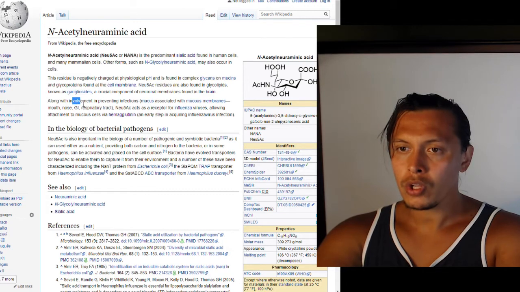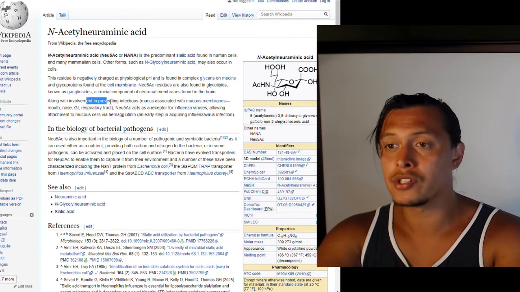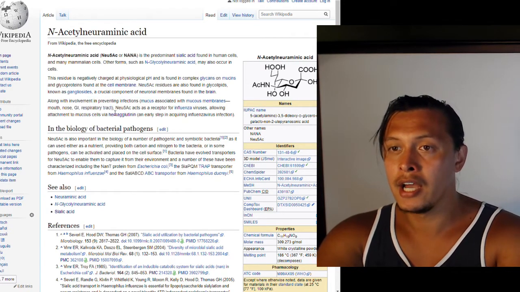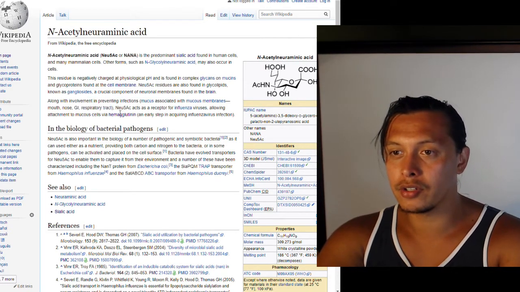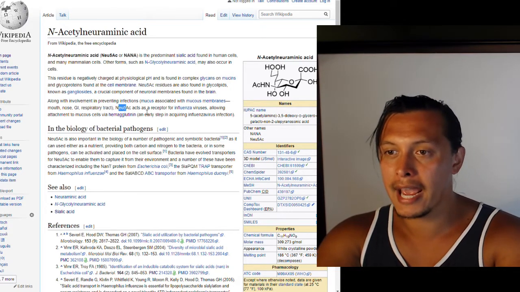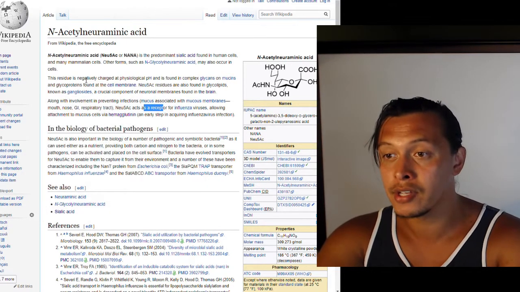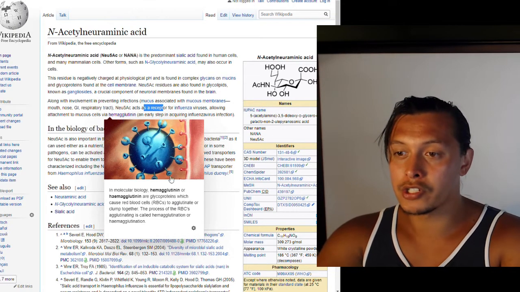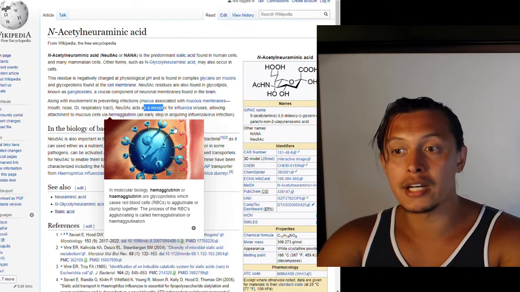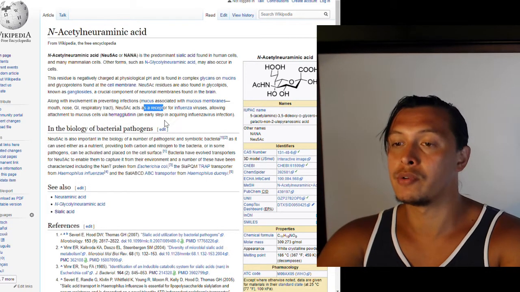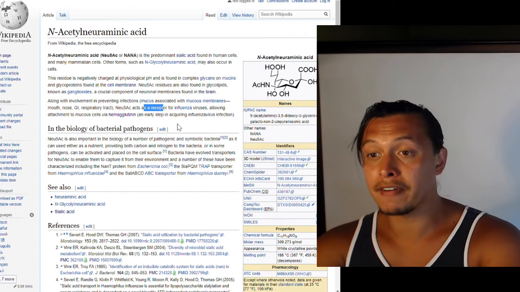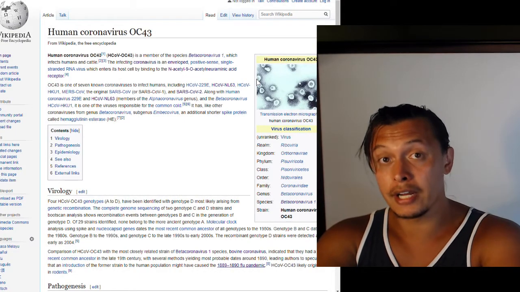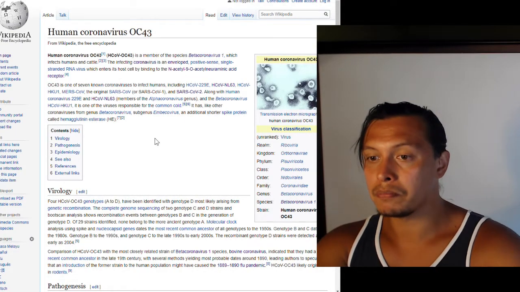So along with the involvement in previous infections, the mucus associated with the mucous membranes, mouth, nose, GI, respiratory tract, this N-acetylneurominic acid acts as the receptor for influenza virus, allowing attachment to the mucosal cells through hemagglutinin, which is the receptor protein on the influenza viruses, which is an early step in acquiring influenza infections. Granted, though, this human coronavirus OC43 is also able to do that as well.